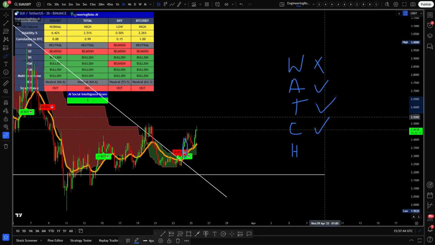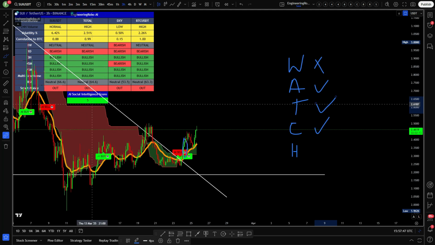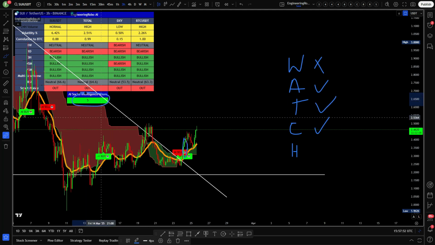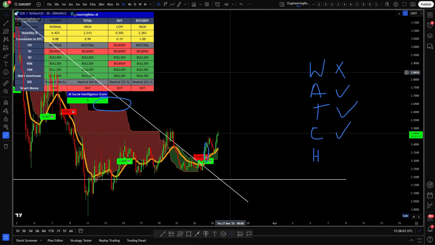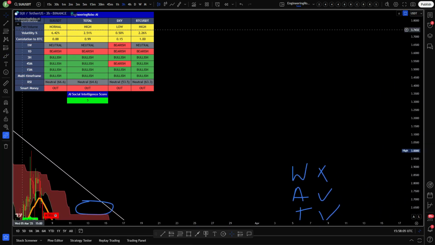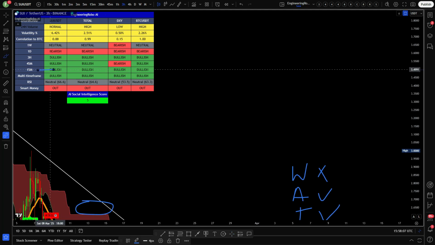We've had a trend line break, and on the 3-hour time frame, we can see that the AI social intelligence score is completely different. It's a bullish maximum green, which means that the social sentiment on SUI is actually increasing. In fact, if we take this a little further, we can see that on all of the smaller time frames, 15-minute, 45-minute, 3-hour, they are all green and bullish.